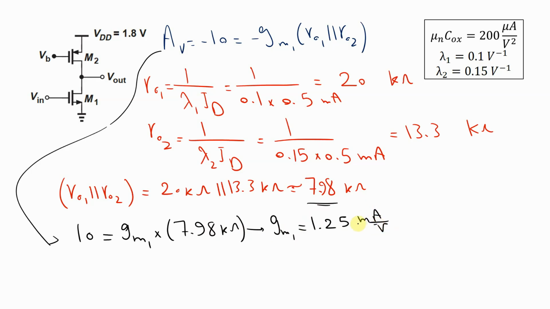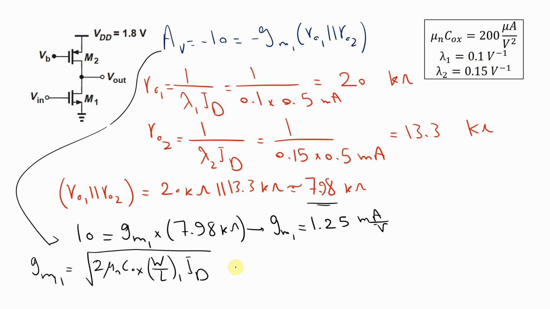And now we can calculate W over L. So I'm using this formula. You should be aware of different formulas for gm1, and here, because we have mu n C ox and also I drain of this transistor, I'm using this formula for gm1.